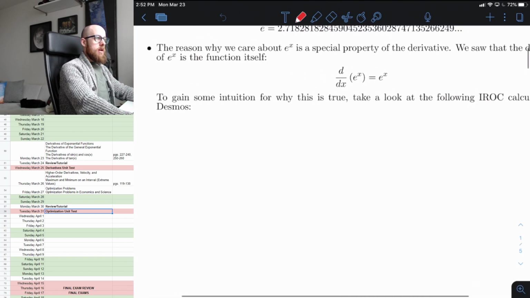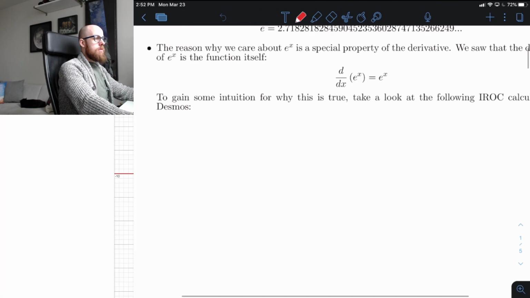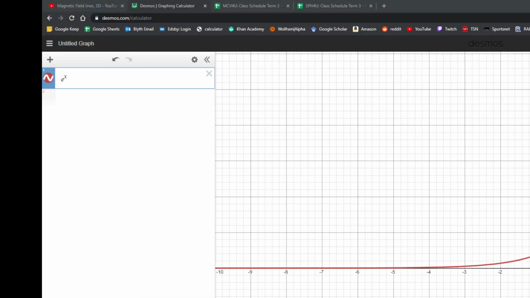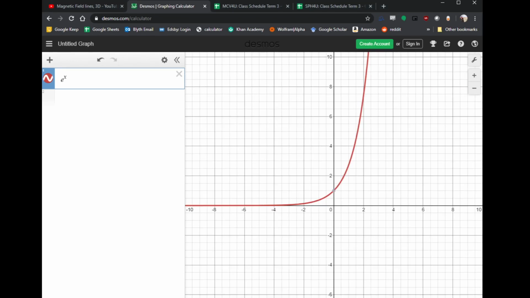So I was going to do a quick little warm-up just to bring us all back in together here. So if we switch over to Desmos here. In Desmos, I've plotted a graph of e to the x here. And so I figured we might as well pick a point and then calculate IROC around that point.